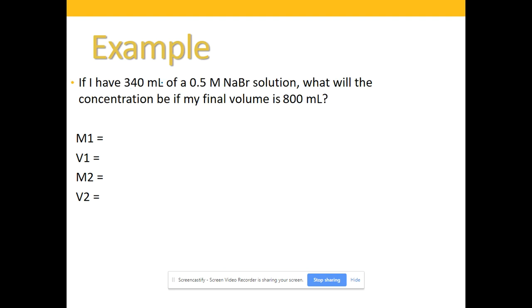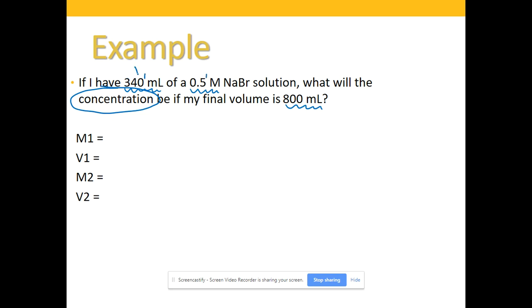In our second example, it says if I have 340 milliliters of a 0.5 molar sodium bromide solution, what will the concentration be if our final volume is 800 milliliters? So again, it says I have, so that means we're starting with these values. So they are going to be our one values.